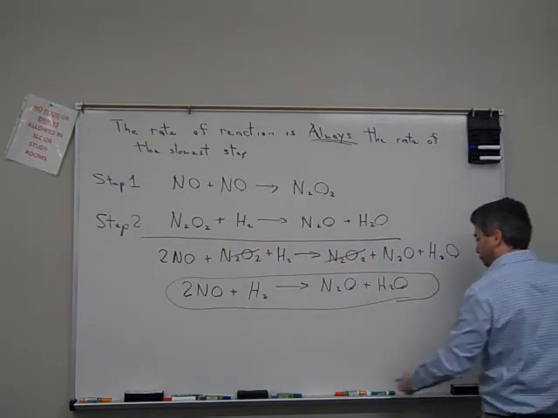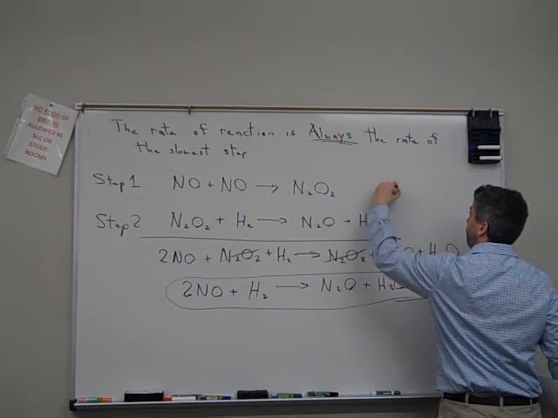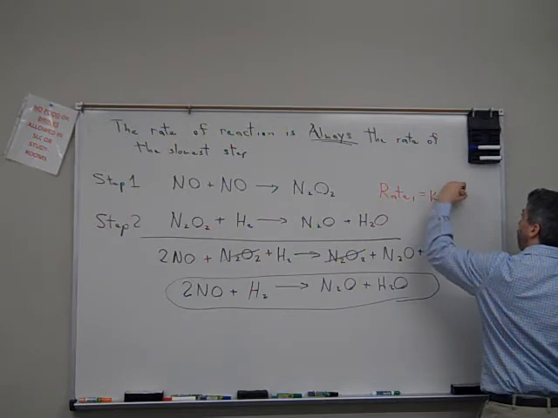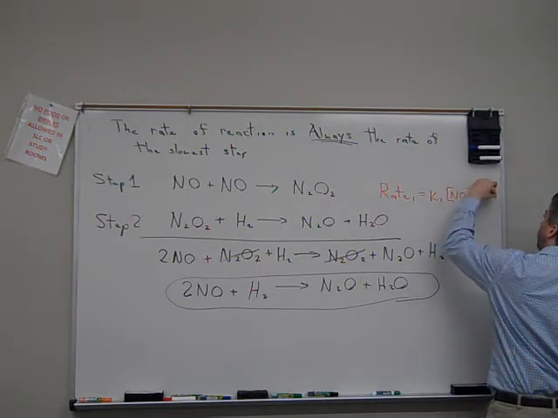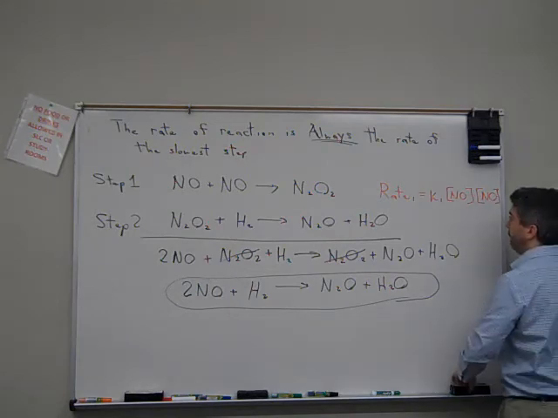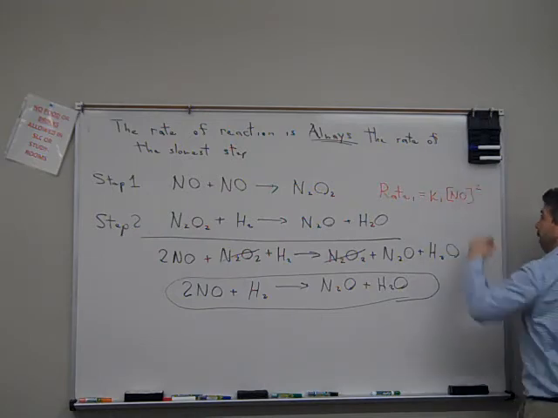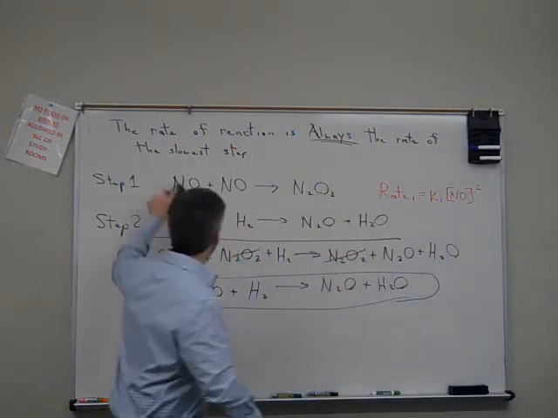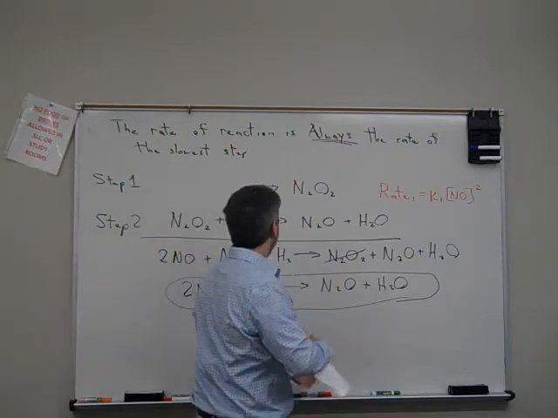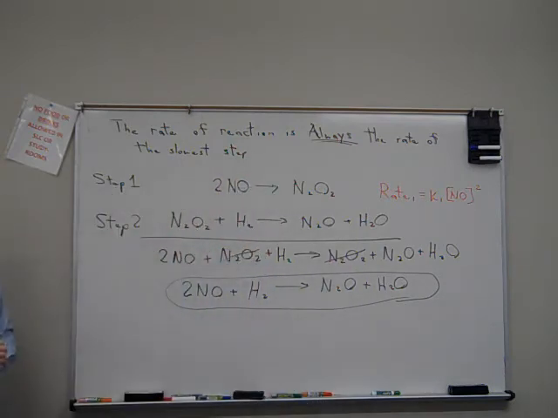So in this case, for step 1, the rate law for this elementary reaction, I'm going to call this rate 1, is equal to K1 times NO times NO. Of course, since NO and NO are the same, I could also write this as NO squared. And alternatively, I could also write this reaction as simply 2NO. Does that make sense?